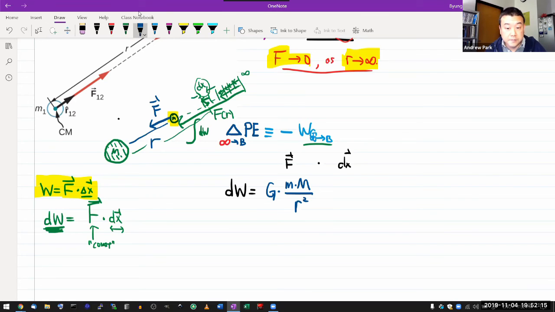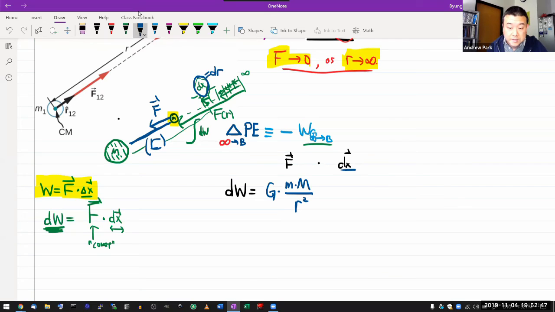And the magnitude of dx, if I'm being careful, since this r is my coordinate variable, I want to express this interval size in terms of this coordinate variable r. So this should be dr. That's the infinitesimal amount by which r is changing.